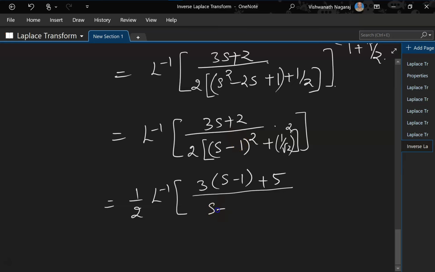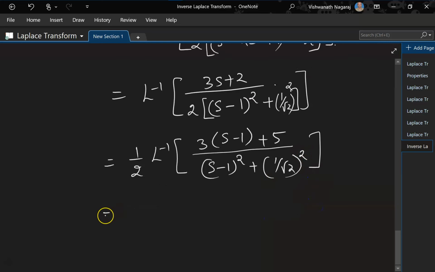Okay. And then we have s minus 1 square, because 2 we have taken out, plus 1 by root 2 square. Now let's split this into two parts, right? 3 times s minus 1 separately and 5 separate. So this becomes 1 by 2. Since we are splitting it, let's take 3 out.